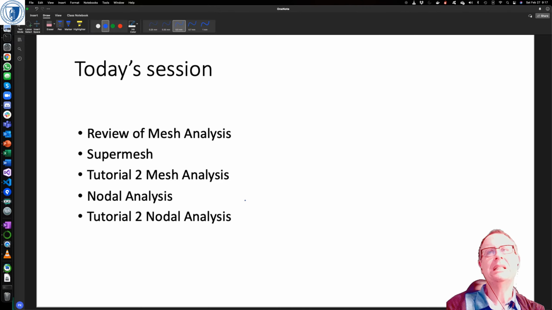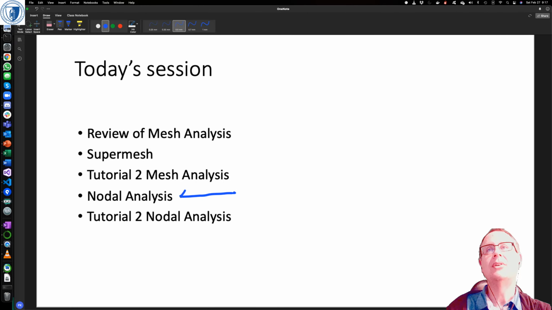And then I want to do some work on tutorial 2, which has both mesh and nodal analysis. And then the new topic for today will be another algorithm.